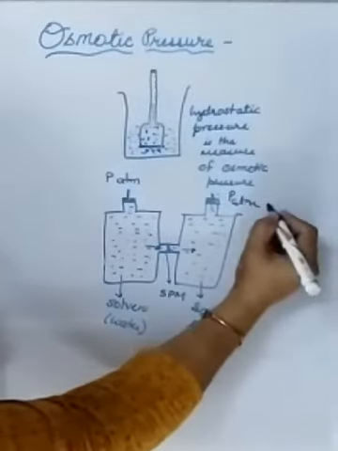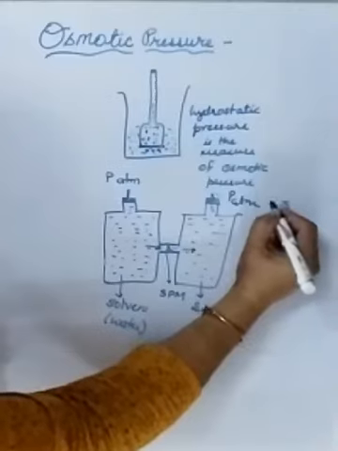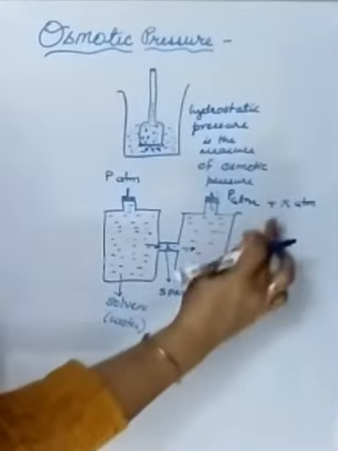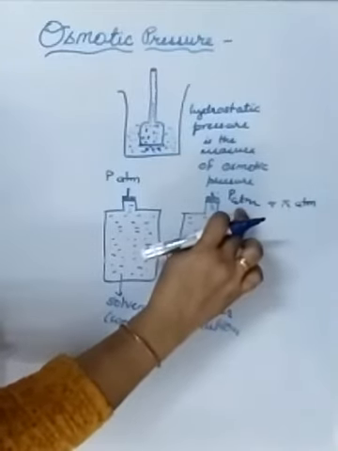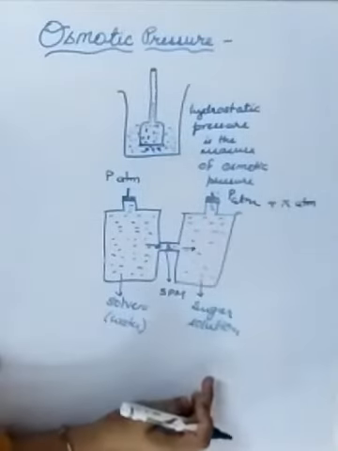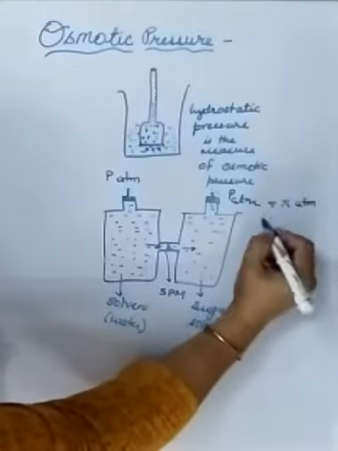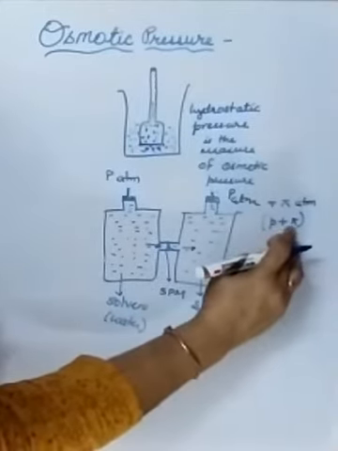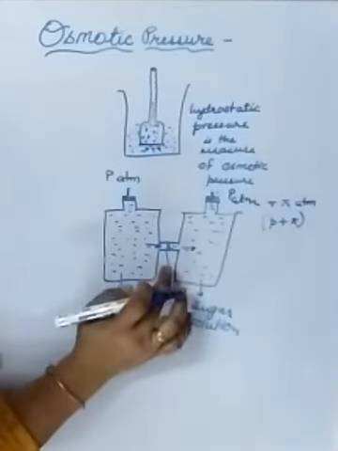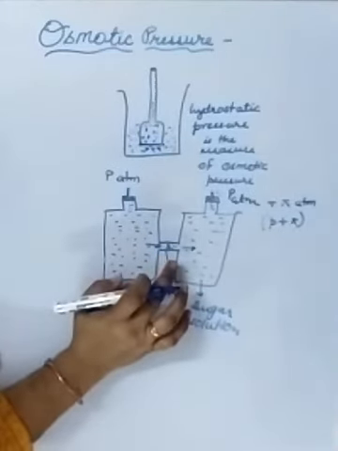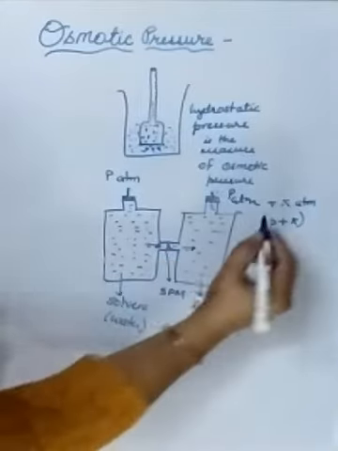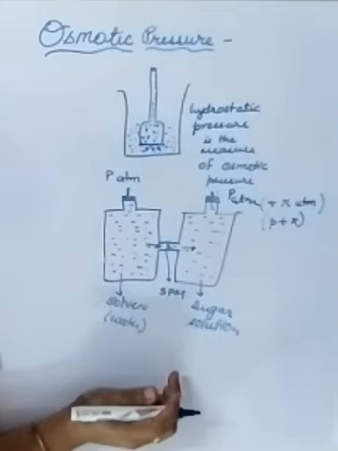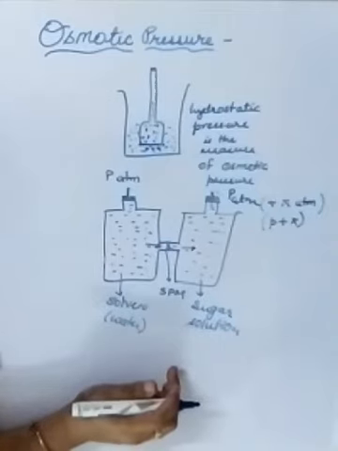If we apply some extra pressure, pi atmosphere, along with this P atmosphere, the pressure is P plus pi. When this extra pressure is applied, we will find that osmosis stops. When we apply pi pressure extra, then osmosis stops. This pi is osmotic pressure.